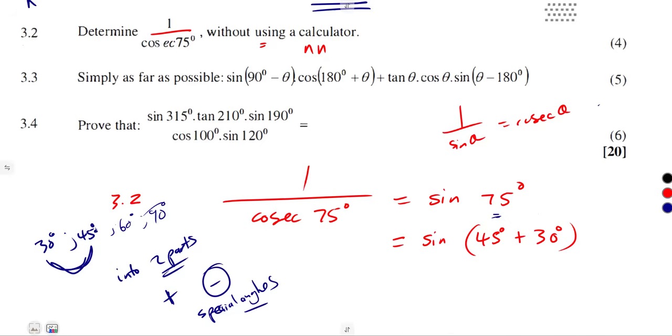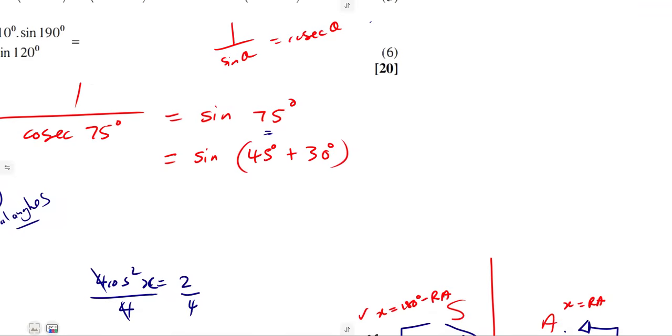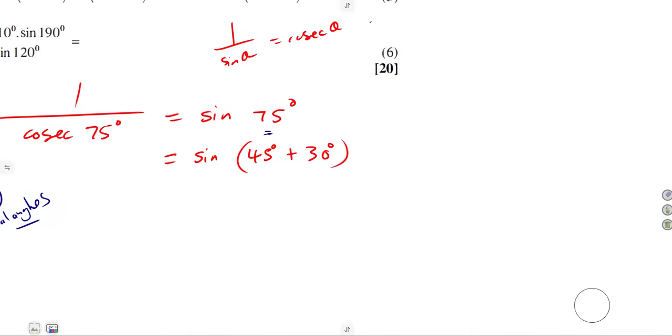So this represents the sine of A plus B from our compound angle identities. The sine of A plus B, remember, is equal to the sine of A cos of B plus the cos of A sine of what?